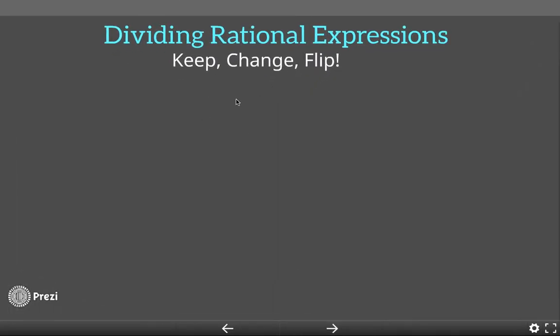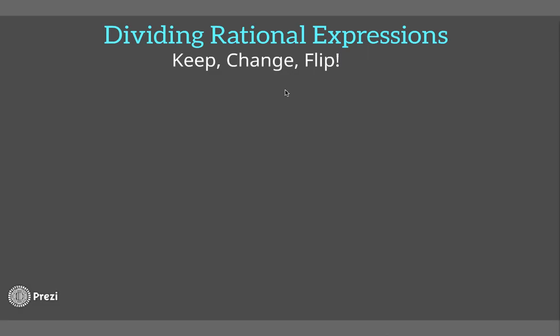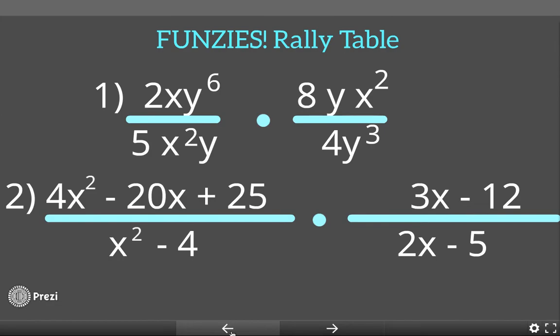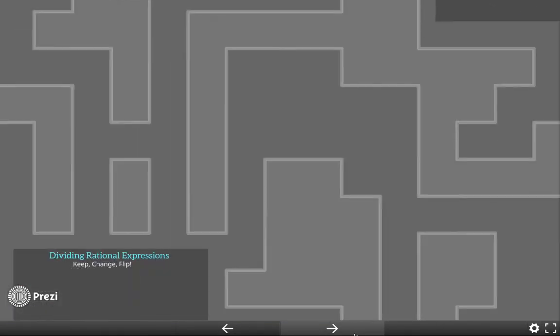To change into a multiplication, we keep the first fraction, change the division symbol to a multiplication symbol, and then flip the second fraction, or find the reciprocal. This is what I like to call keep, change, flip. We're going to force the dividing problems to turn into multiplication, and then it will flow very similarly to these problems. So no worries, you guys.